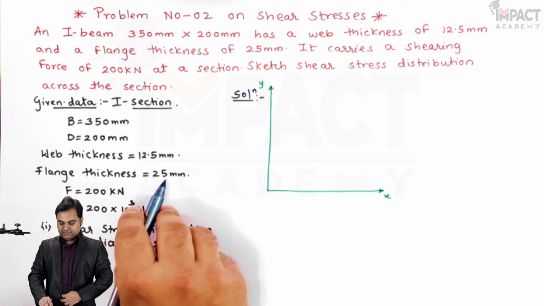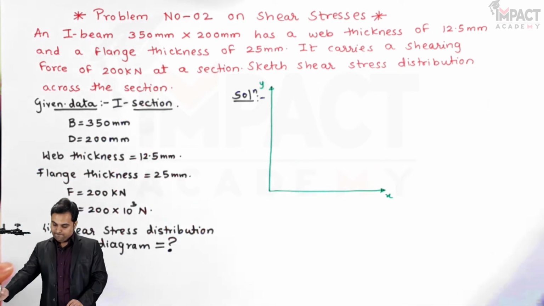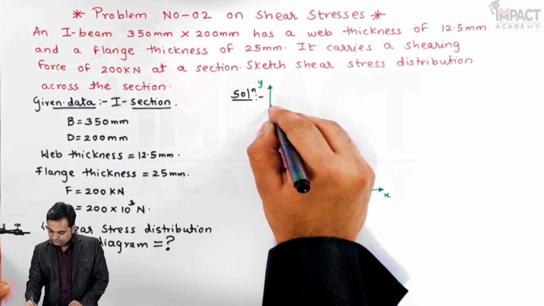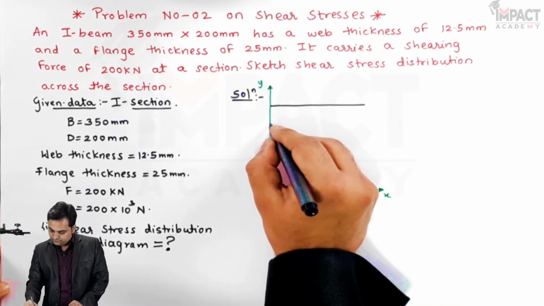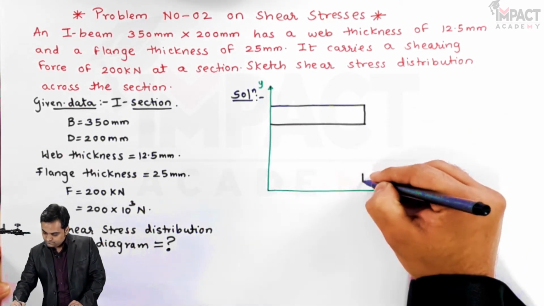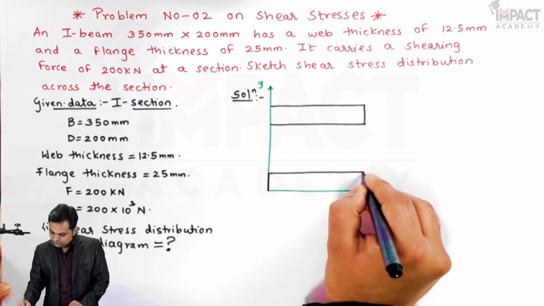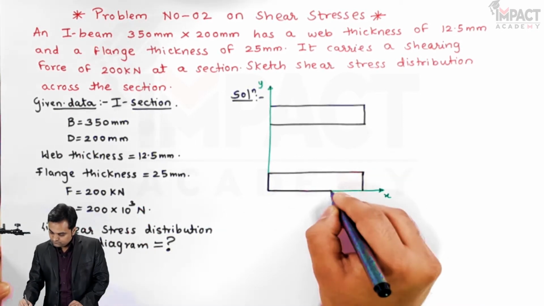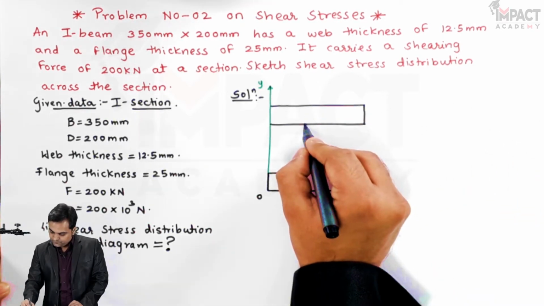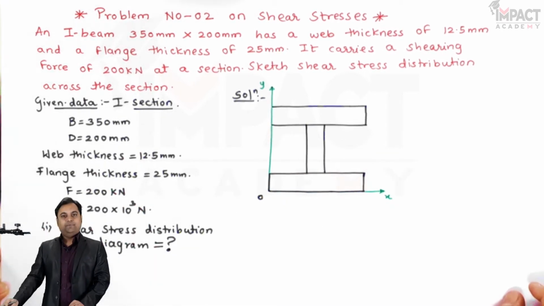The flange thickness is given as 25 mm and the overall width is 350. So I would be drawing the flange first. This is the origin and here is the web.